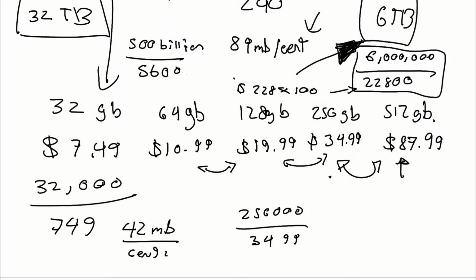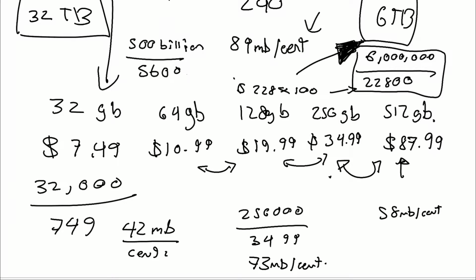That gives me about 73 megabytes per cent. And then the other one, which is 512, is divided by 8,799. That one gives me 58 megabytes per cent.